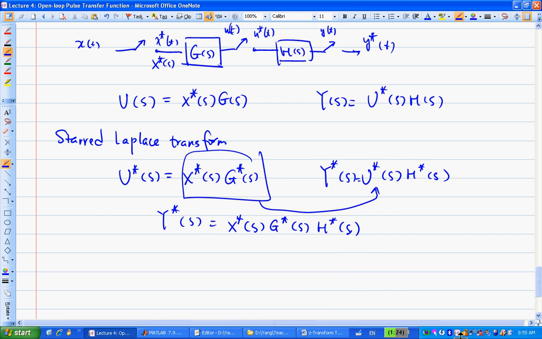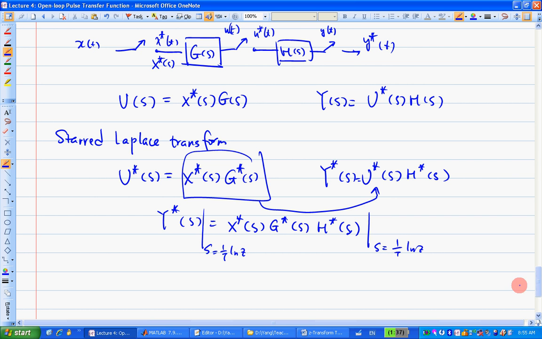So the z transform is the ratio between y star and x star. At this step, because everything is starred now, you can replace the s with 1 over T ln z.